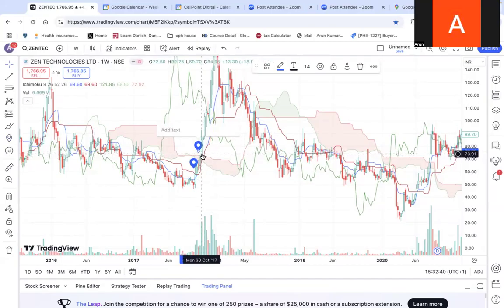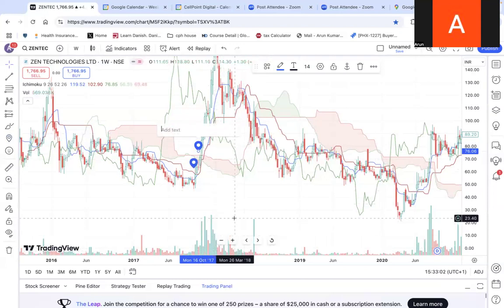Now, what is my exit criteria? I will wait till the price crosses one of the blue line, the brown line, or the cloud. The key here is that when there is a cross, I also want to see the momentum. Is the volume high or low?